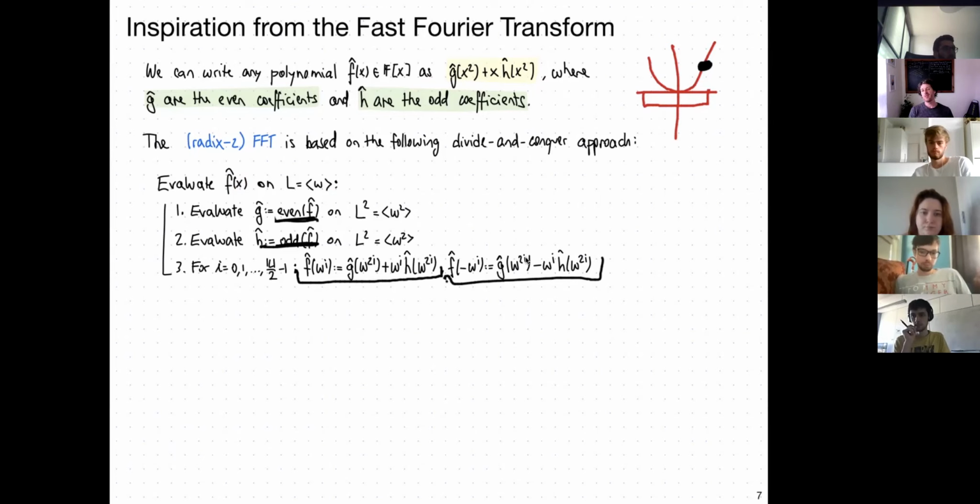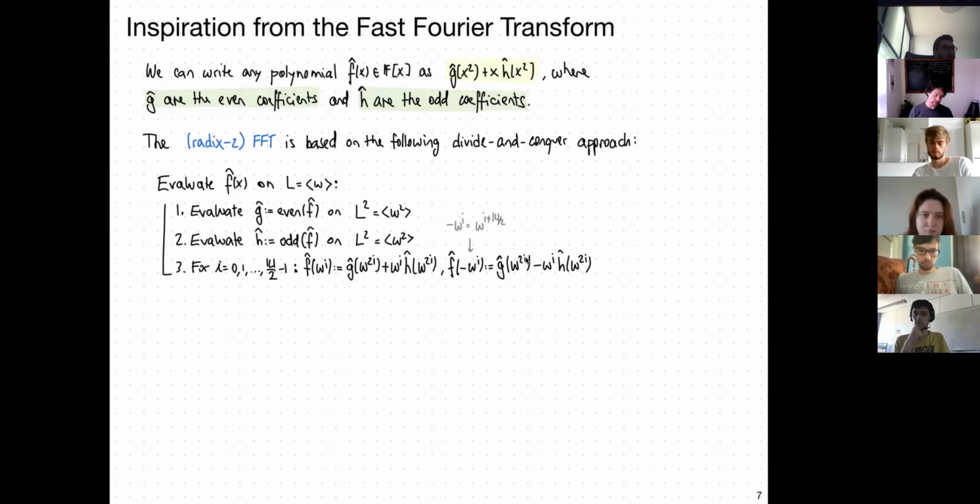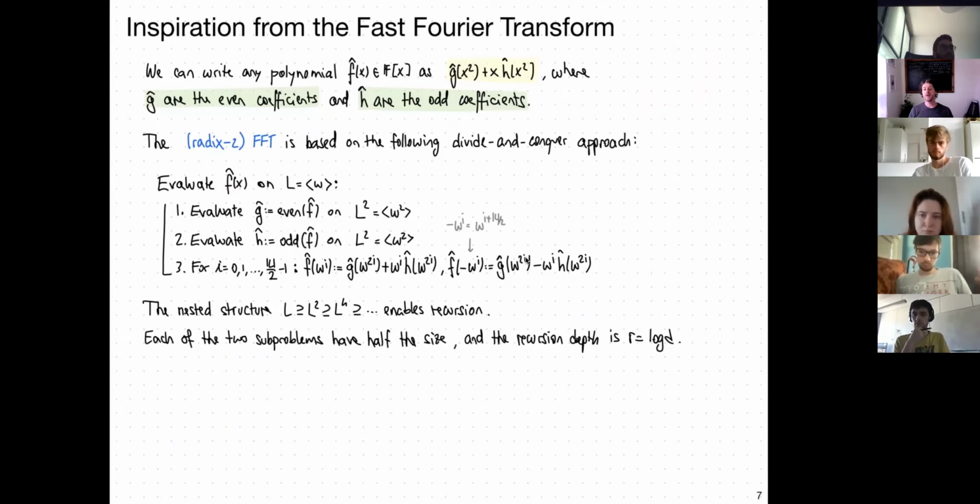You might say, fine, we just halved the points, but we can also recurse on this idea, because we have this structure of L squared, L to the fourth, and so forth. We can recurse and recurse, doing logarithmically many steps of recursion, and this turns the complexity, which is typically L squared, into L log L.